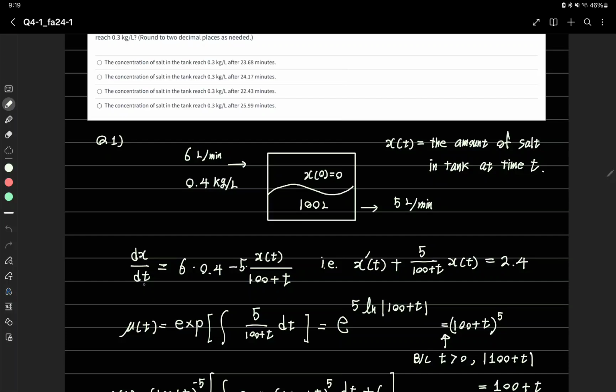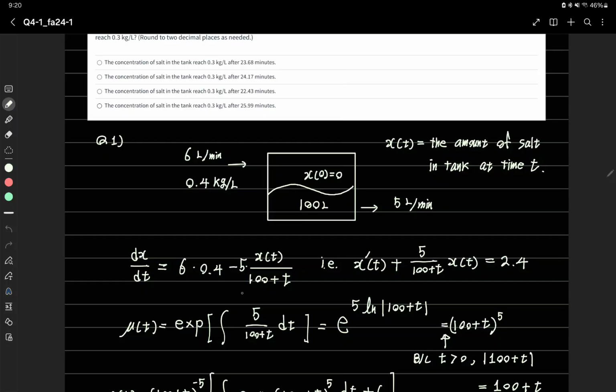So here dx/dt is the infinitesimal rate of change of the amount of salt in the tank, and 6 is the flow rate in, and 0.4 is the concentration, and 5 is the flow rate out, and x over 100 plus t is the concentration of the salt in the tank.